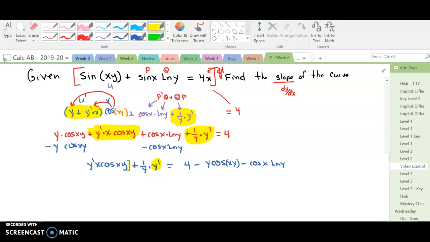Now I'll factor out this y prime and have y prime times x cosine of xy plus 1 over y equals what we saw before. Final step, we'll divide by x cosine of xy plus 1 over y.